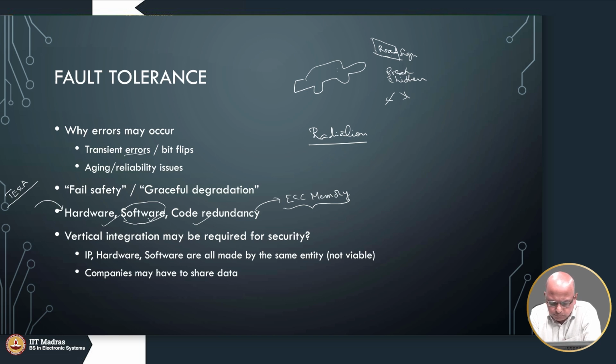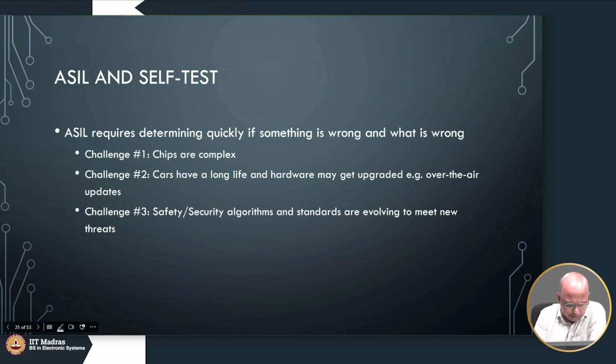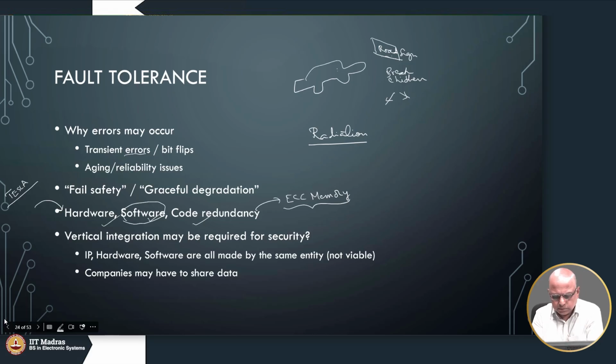If you want full security, then you should use what is called vertical integration. Vertical integration means you do everything. All the IP you develop, you design the hardware, you design the software, everything. Some companies are doing this.